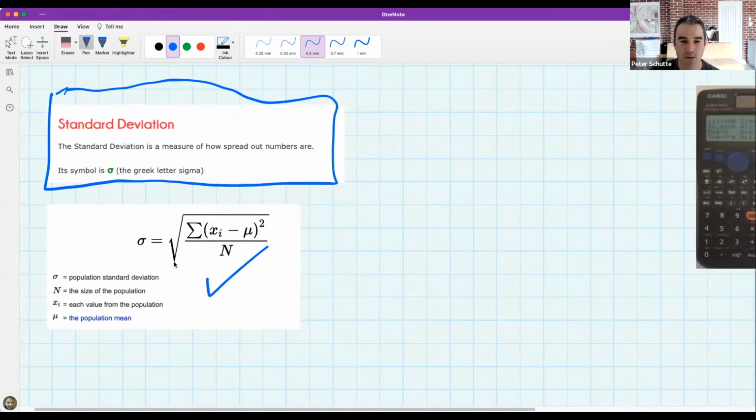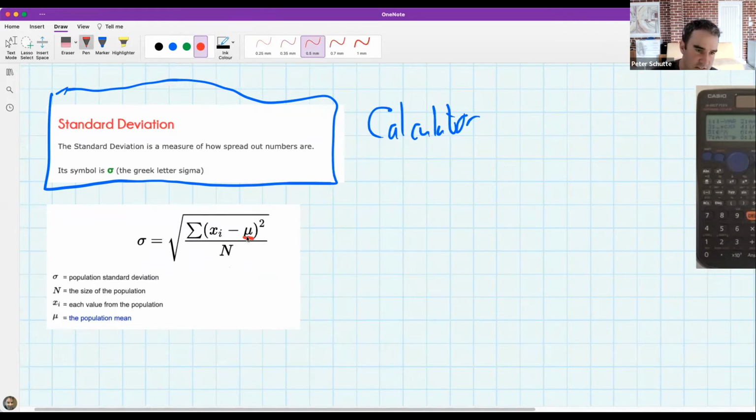You need to know how to calculate the standard deviation, and we are going to use your calculator to help us do it. In reality, this little symbol here is the mean, and you subtract each data point from the mean to find the difference. Then you square it, then you divide by the number of items, and then you square root.